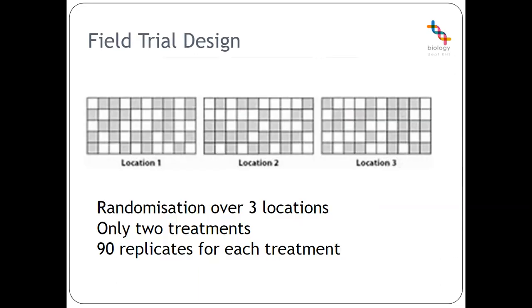An ideal field trial design then has got a mixture of all of these things in it. So in this one, for example, if we consider we're comparing presence and absence of fertiliser, so absence is our blank ones, presence is our darker grey ones. So we can see we've got randomisation over 3 different locations. So no 2 locations are the same. We've got a good mixture of with fertiliser and without fertiliser in every single location, and they're not ordered or organised in any particular way.